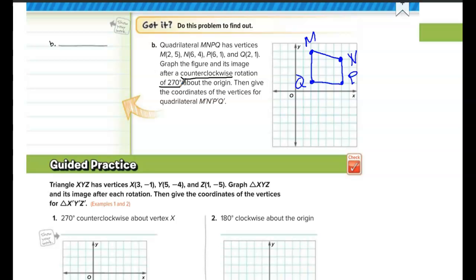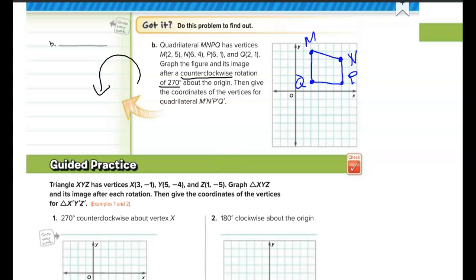Okay, it says that we are rotating it counterclockwise. So am I going to go right or left? Left, because I'm going counterclockwise. Now I'm going 270. So how many quadrants will I move? 3, right? Because this would be 90, 180, 270. So I will be in what quadrant?